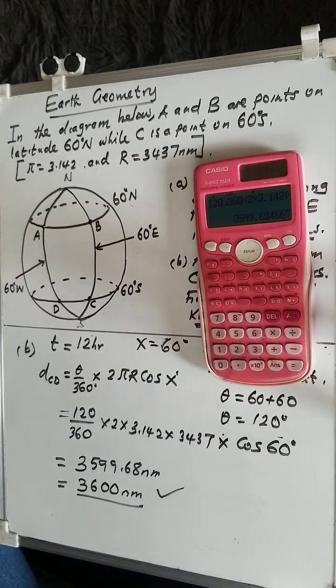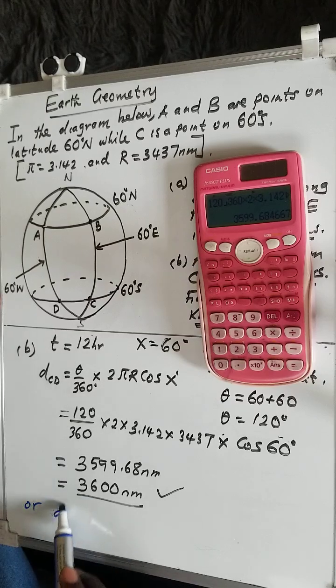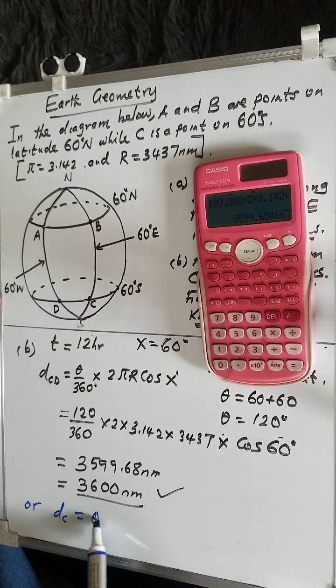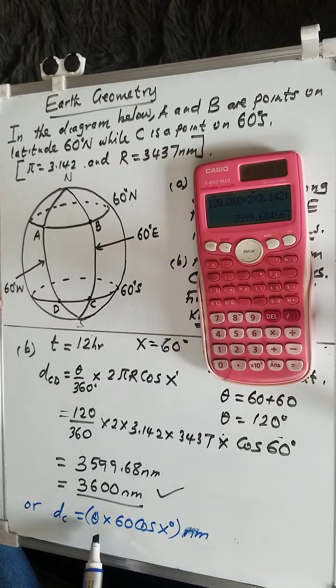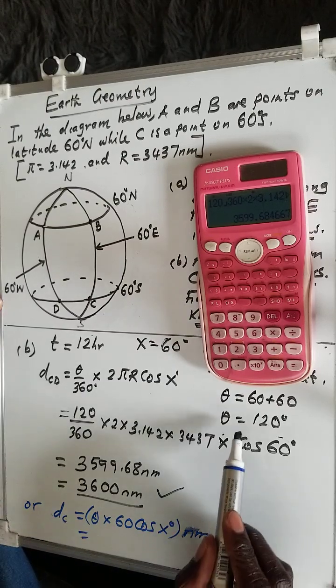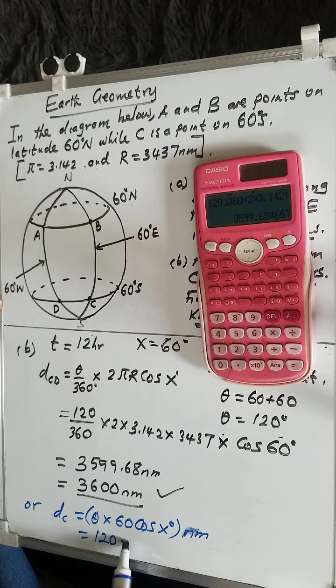Now remember what I told you. If you didn't want to go this way, I would have alternatively calculated the distance CD by applying the formula theta multiplied by 60 then cos x degrees. As long as it is in nautical miles, you are calculating your distance in nautical miles. So notice the theta we got there is 120 times 60 multiplied by cos of 60 degrees.